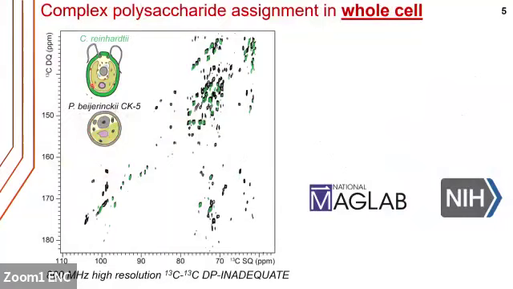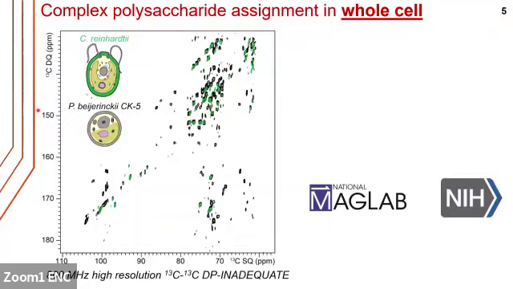Before going further, I will mention that for glycan analysis, the type of experiment we use is called INADEQUATE, a carbon-carbon correlation. But here, instead of the normal single quantum chemical shift, it's a double quantum chemical shift, allowing a good dispersion of the chemical shift along the y-axis.